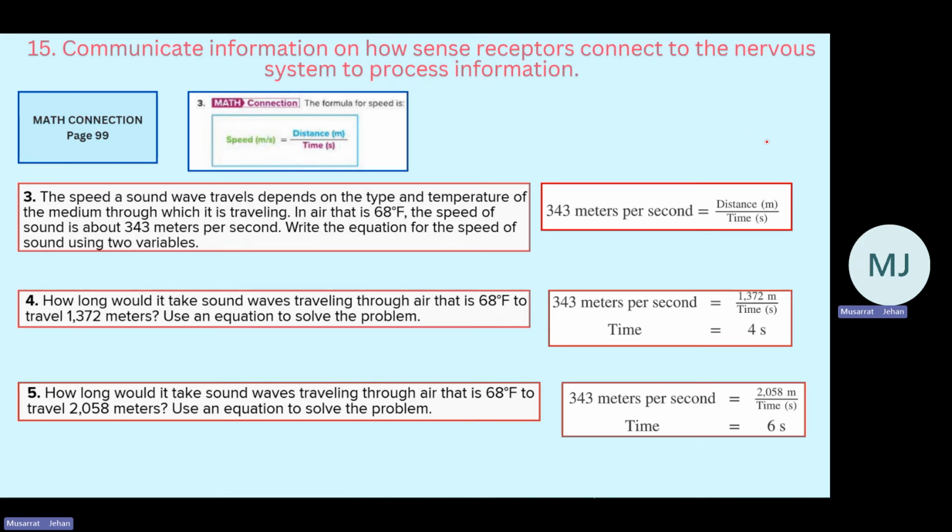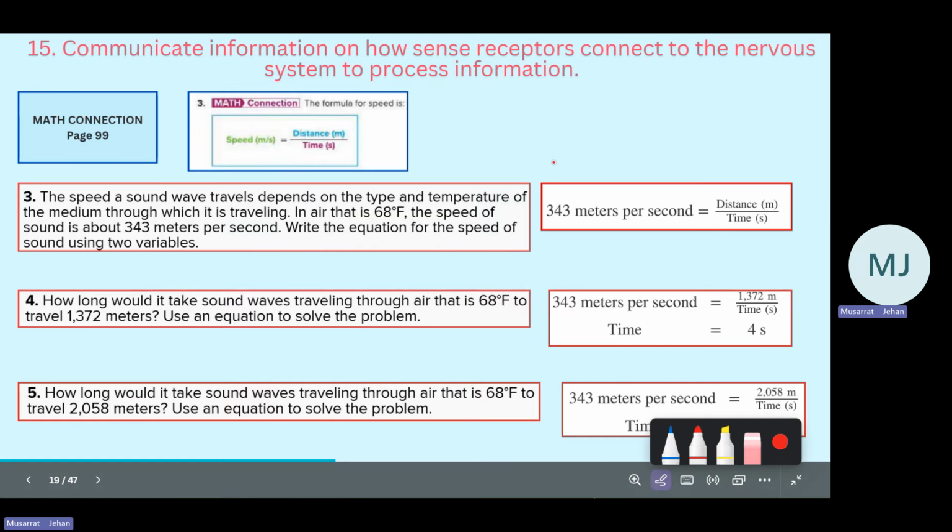If you have to calculate time, you hide time and it shows distance over speed. If you have to calculate speed, put your finger on S. What do you get? Distance divided by time. If you have to find distance, hide the distance. This means speed multiplied by time. So you can use this formula accordingly.